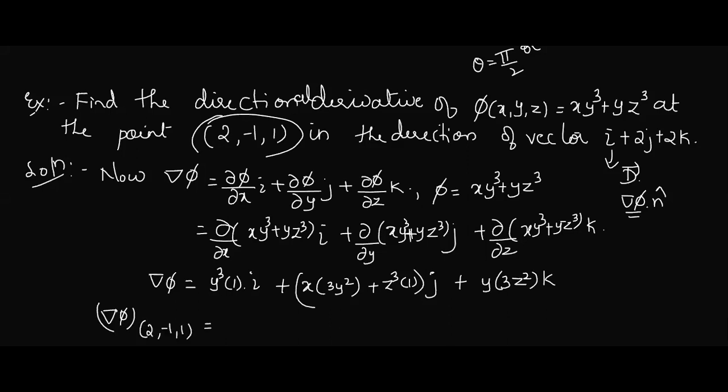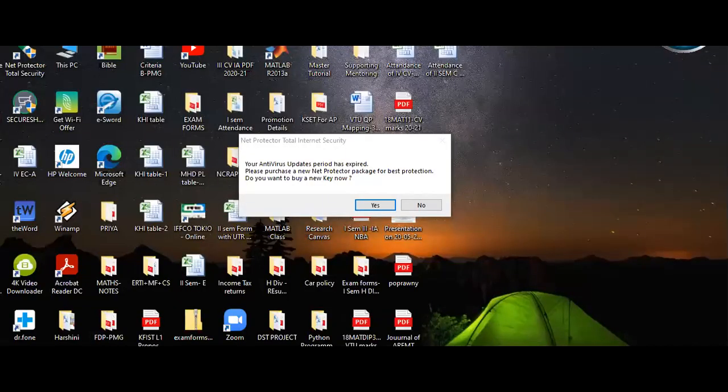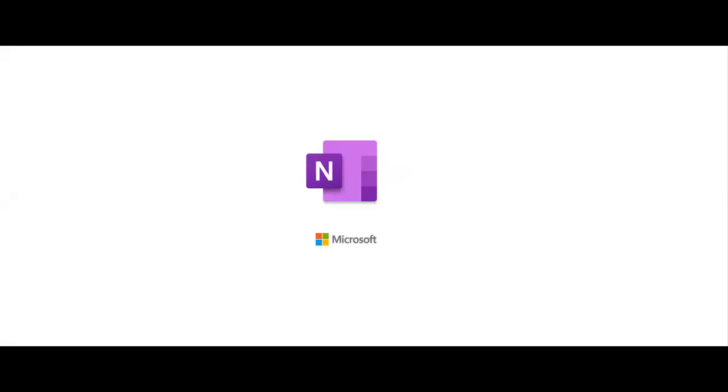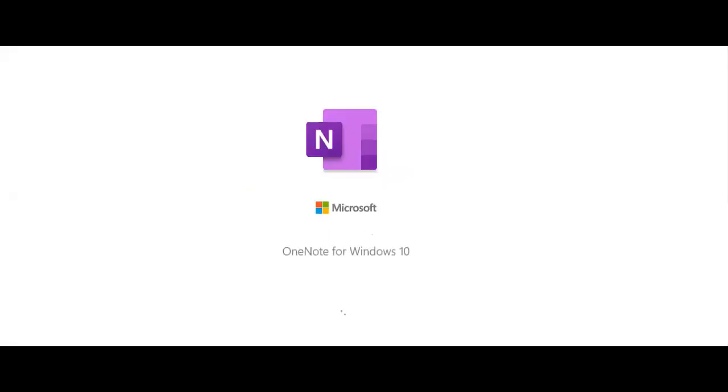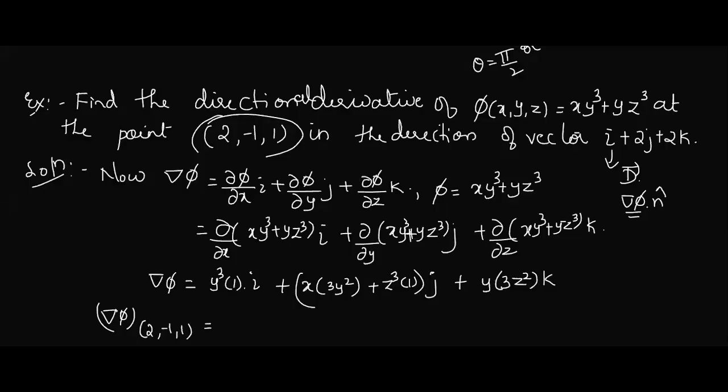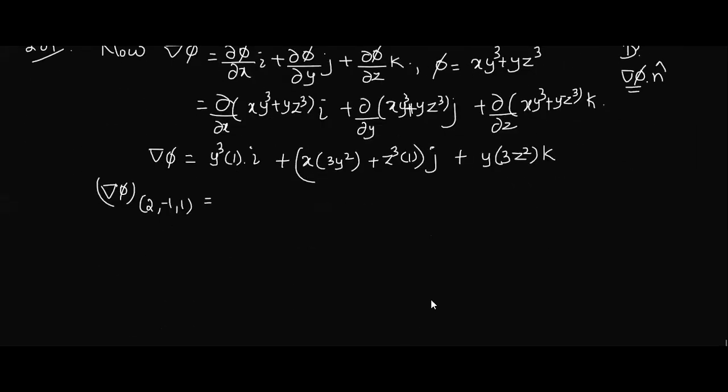What is the meaning of at the point? x equal to 2. Your del phi is in terms of x, y, z, so you have to take it as an ordered triplet, with x substituted as the first value. So in this expression of del phi, you replace x by 2, y by minus 1, and z by 1. Don't write like this in the exam, it is for your understanding.